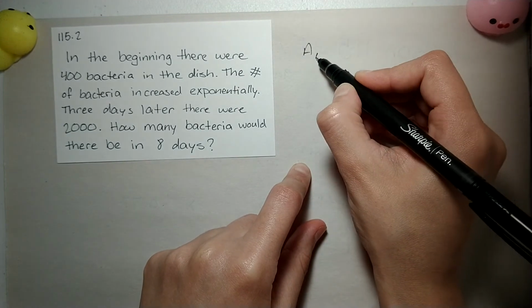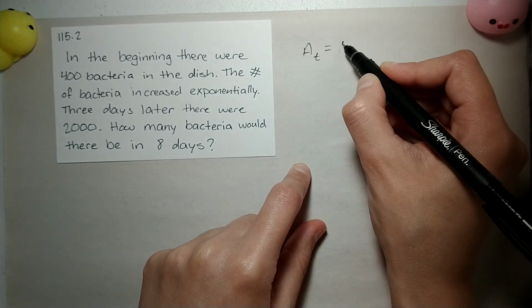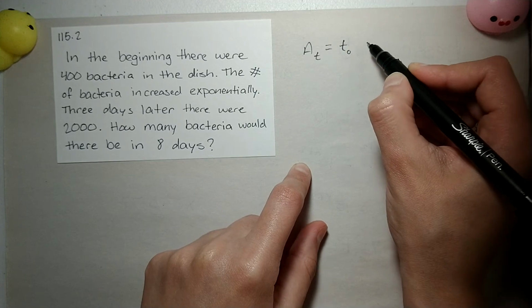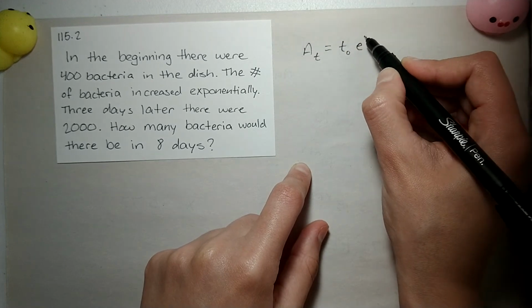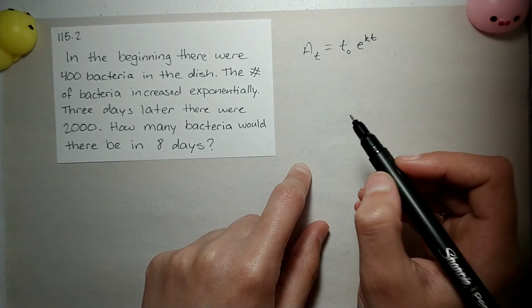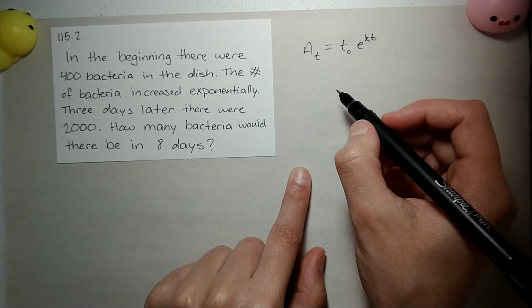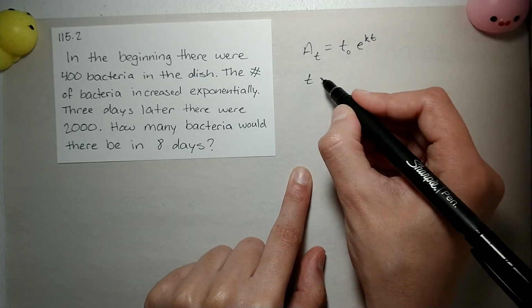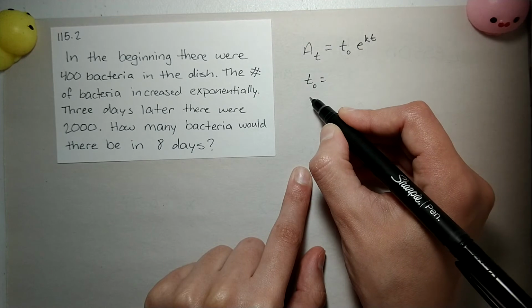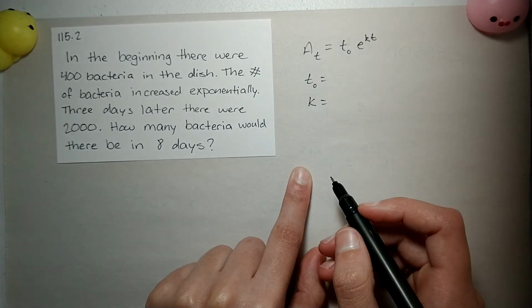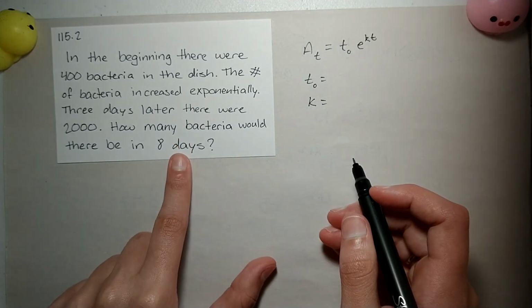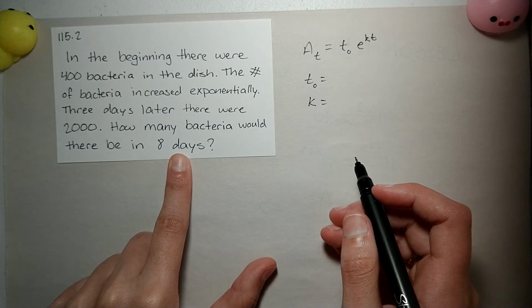We have A(t) equals our amount at t0 times e^(kt). So we've got to find the amount at t0, and we've got to find k to be able to find out how many bacteria would be there in 8 days.